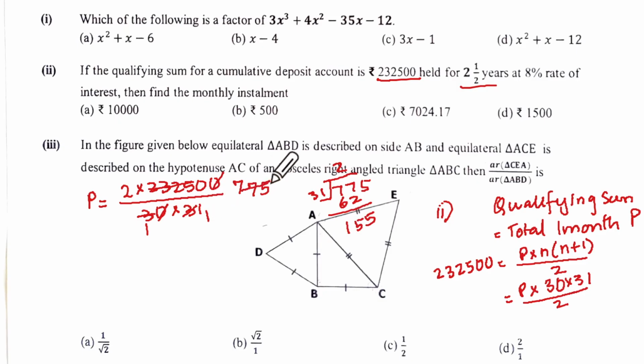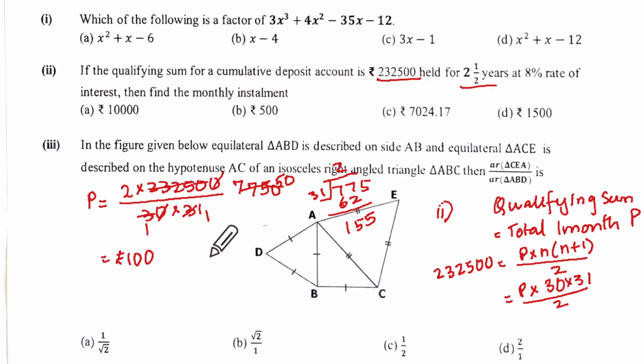I forgot to write this 0, so that will be 50. So what am I getting here? 50 into 2 is 100. Is it 100? It should be 1000. It should be 500.